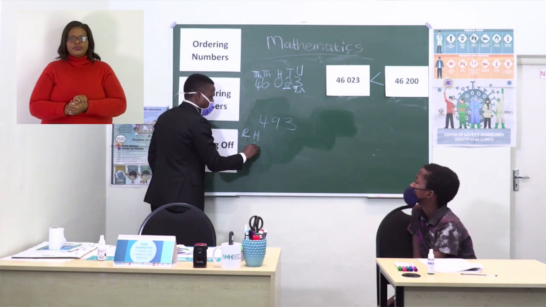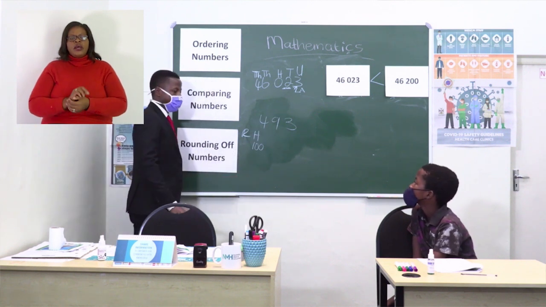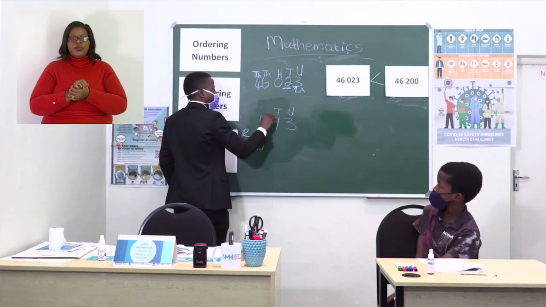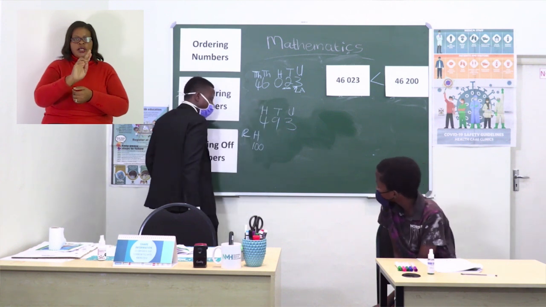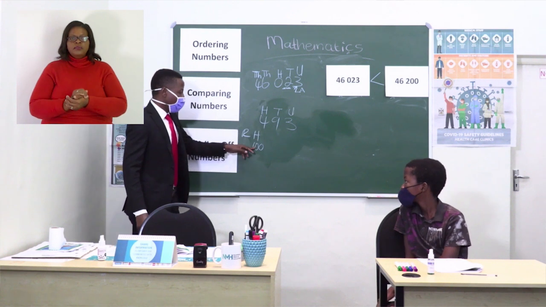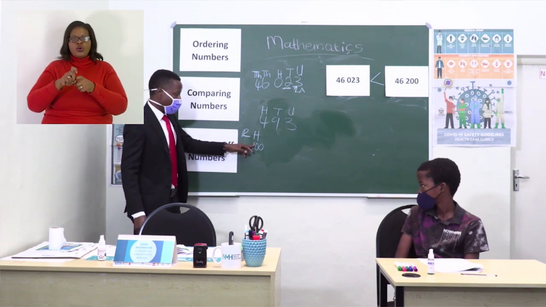H is 100. We have a unit, we have a 10, we have 100. Now, the number we are rounding off here is in the position of 100.